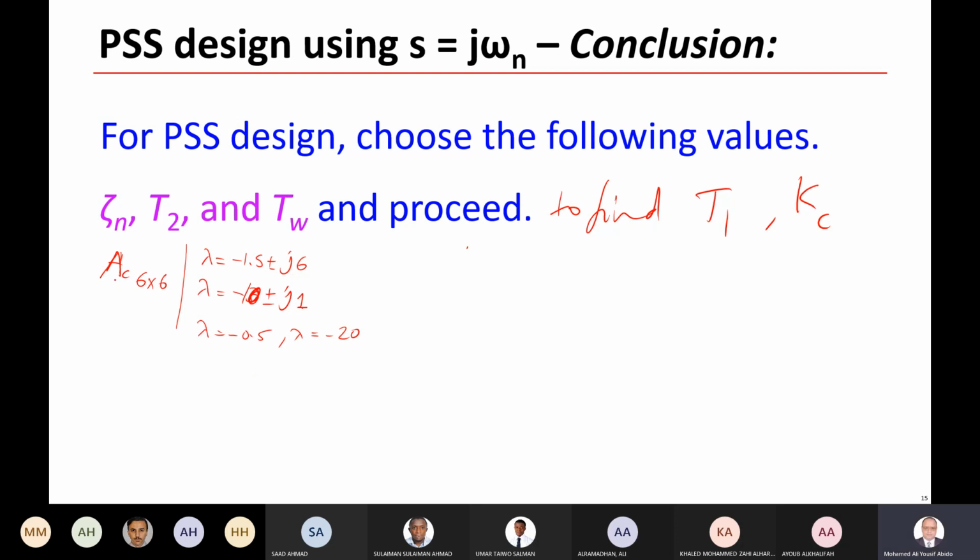If you have a stabilizer here, and this is the closed loop, then you get the eigenvalues. We have 6 eigenvalues here.